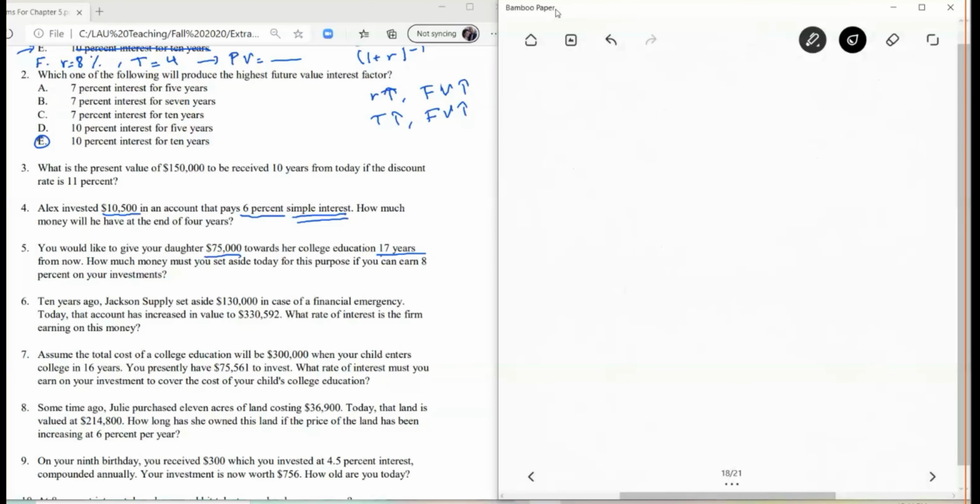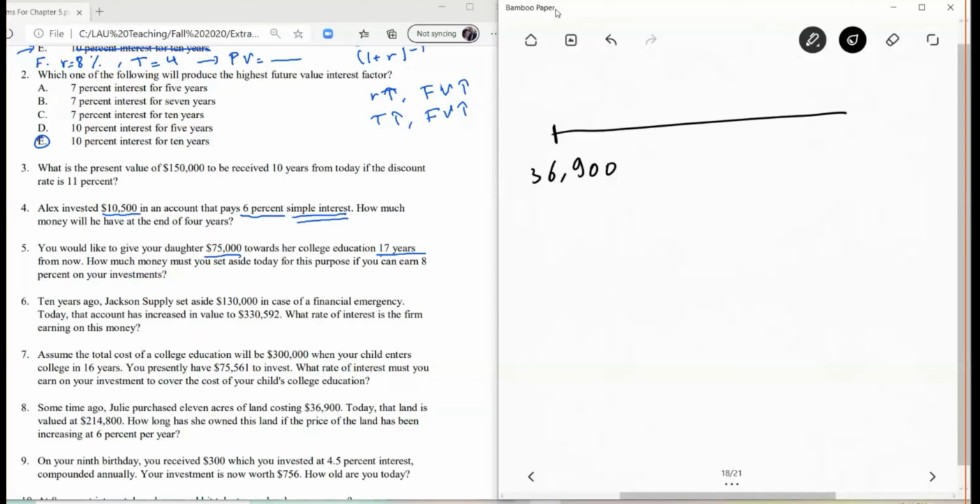Number 8, some time ago, Julie purchased 11 acres of land costing 36,900. So at a certain point in the past, Julie paid 36,900. Today, that land is valued at 214,800.